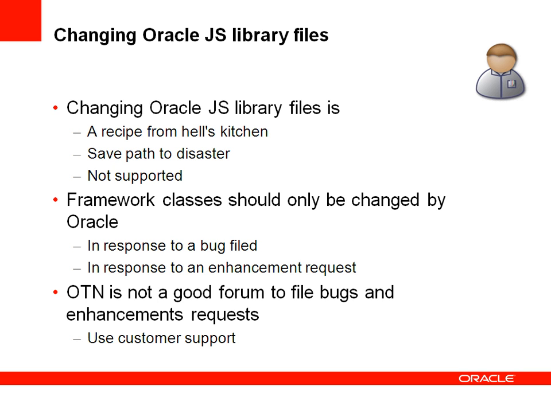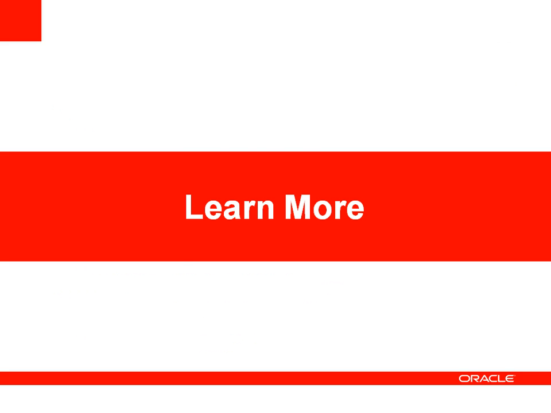We pick up a lot of things from there, and we have very good contributors, ACE directors that send us an email if they find something interesting on OTN. But the proper way of filing enhancement requests and bugs is through customer support, because there's no guarantee, and you don't see any flag being set or any acknowledgement. There's no guarantee that what you report on OTN is picked up. OTN is a community of users that help each other, monitored by product managers that also provide you hints and tips. For now, this is it.